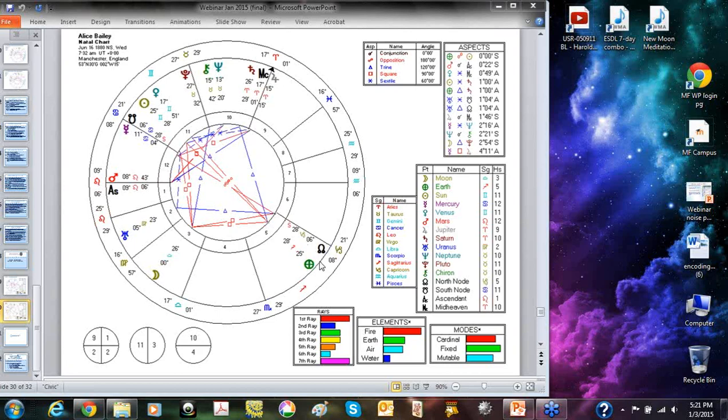Yeah, thank you, Michael. And I just want to add, Eva, that it's unusual for the nodes to be anything other than retrograde. Their normal motion is retrograde, and here they're stationary for her. So it was very important that she not only have this Capricorn Cancer axis, but that she have this particular degree as well. And what are they doing? They're squaring her moon.